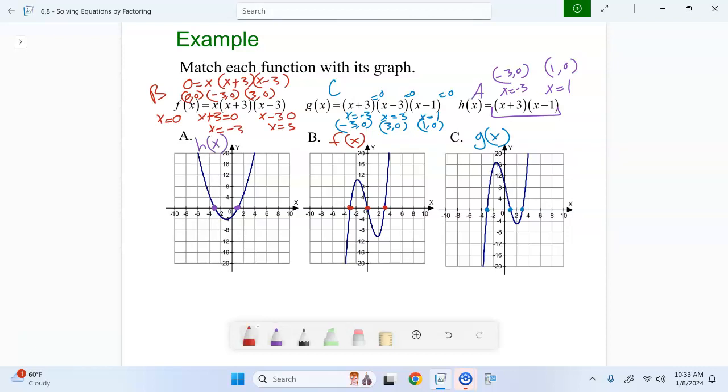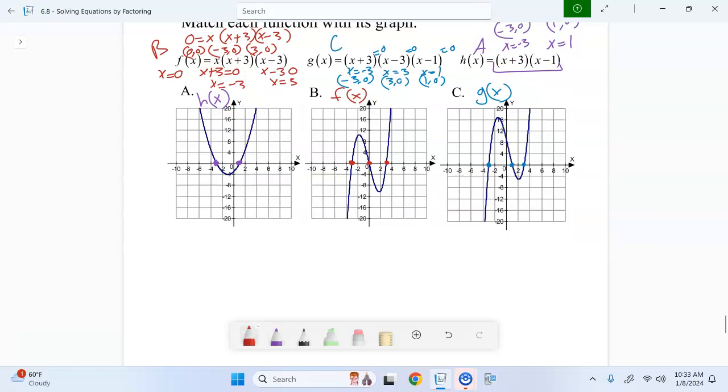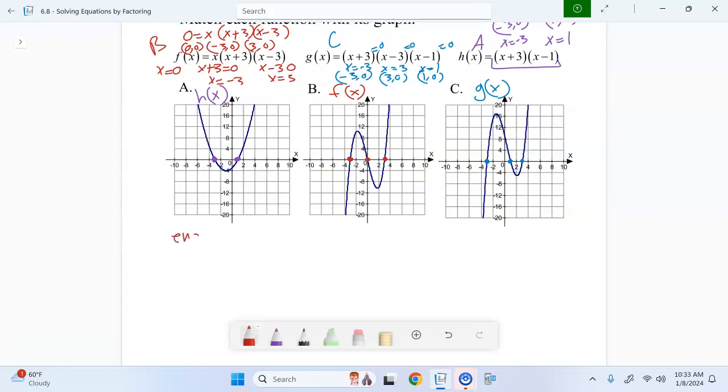Now to tie in something from earlier in the year. Earlier in the year we talked about end behavior. End behavior said that if we had a positive polynomial, so if f of x was a positive ax to whatever value, at any degree polynomial, then we're going to go up in our end behavior, depending on whether we have the parabolic shape or that sideways S shape.